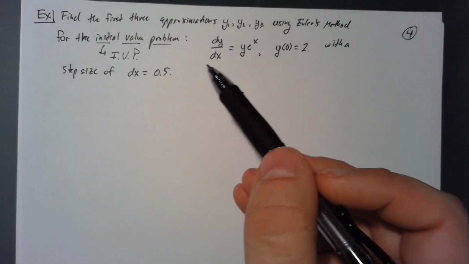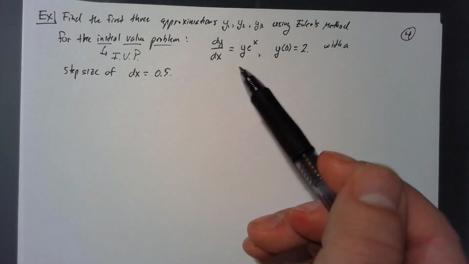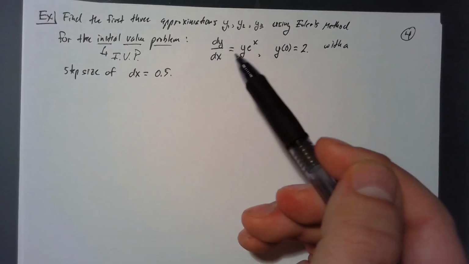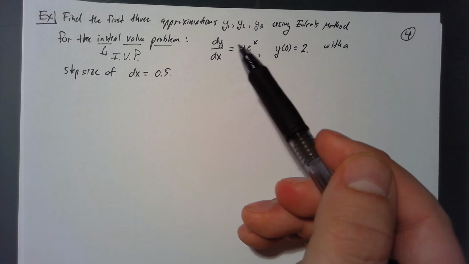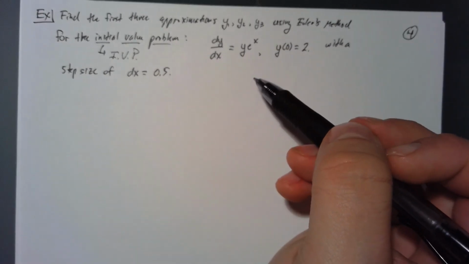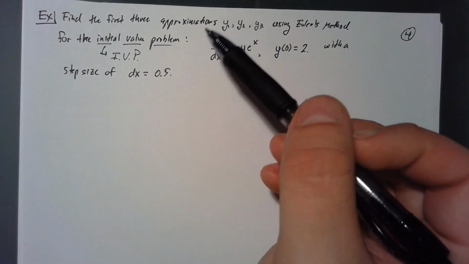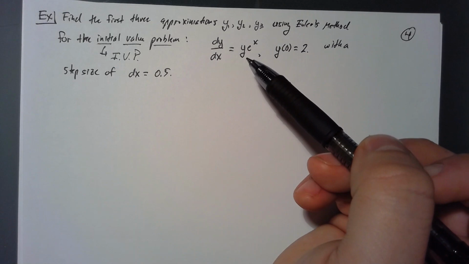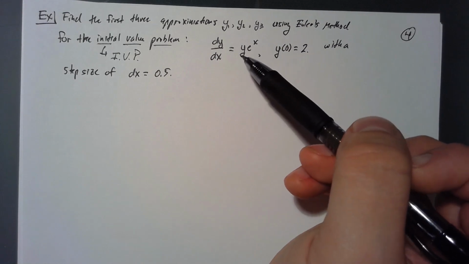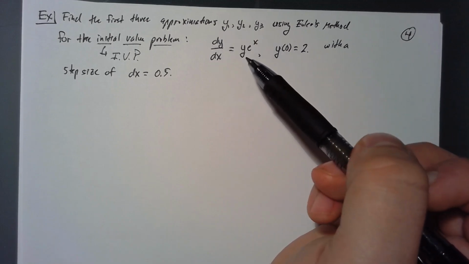Now, a question you might ask yourself is, well, could I solve this differential equation? Do I know how to solve it? Yeah, actually you do. If you think about one of the first kinds of differential equations we looked at in this class, what kind of differential equation is this? It's separable. This is a separable ODE, right? You could get the y's and the x's by themselves to integrate both sides and solve for y, right?